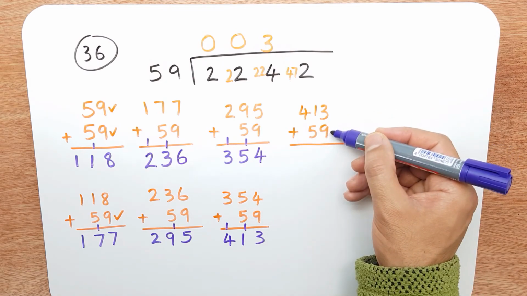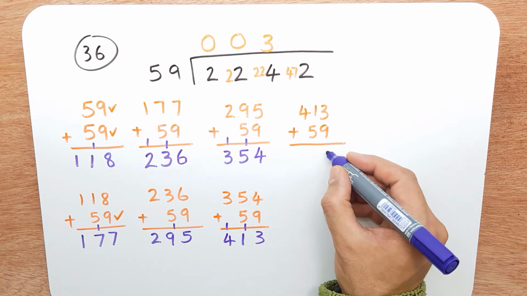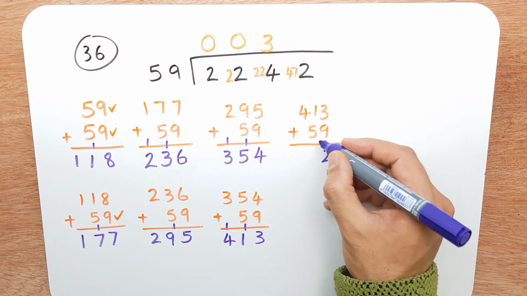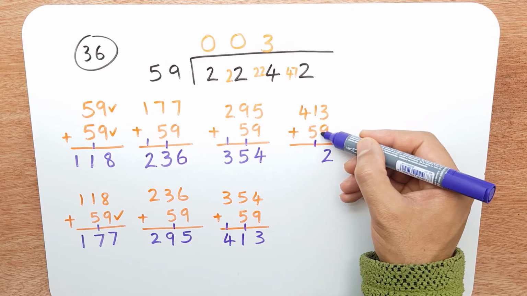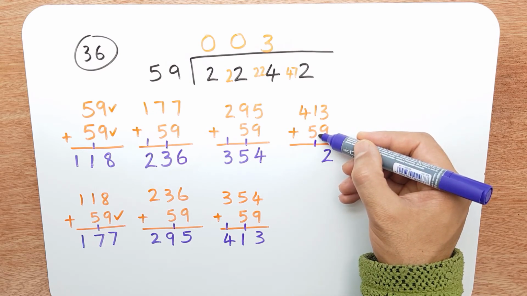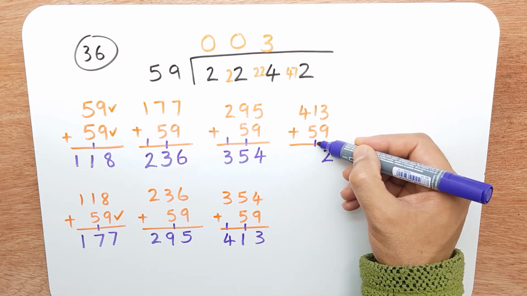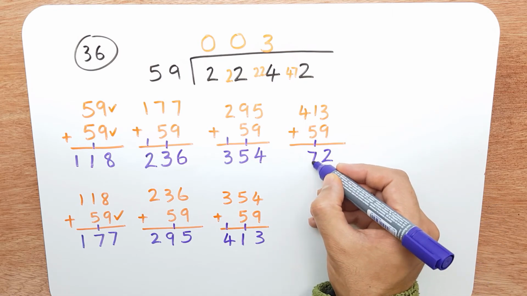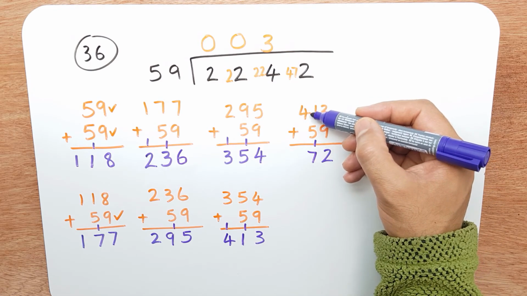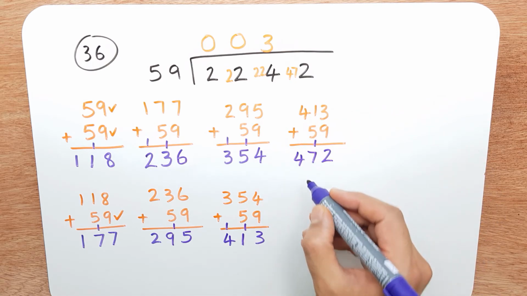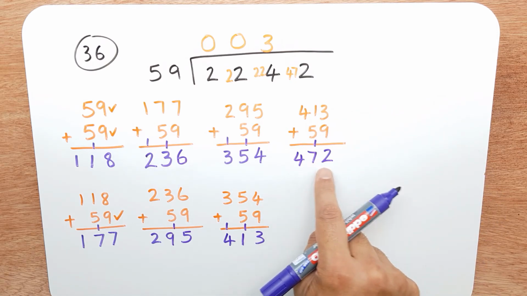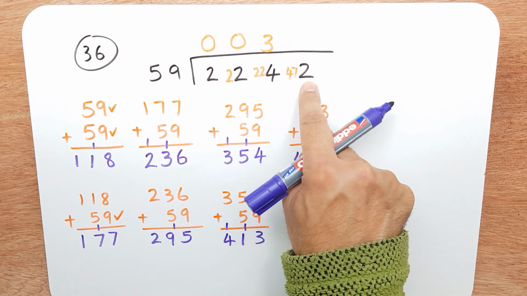3 add 9 is 12. Carry the 1 over. 1 add 5 is 6. Plus the 1 we've carried over is 7. And finally in the last column we have 4 add nothing, which is 4. And we've got 472 and that's our target.